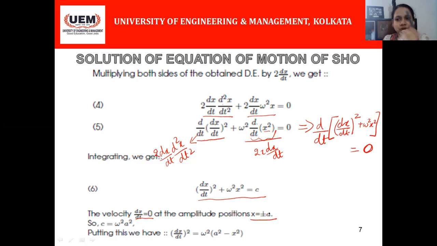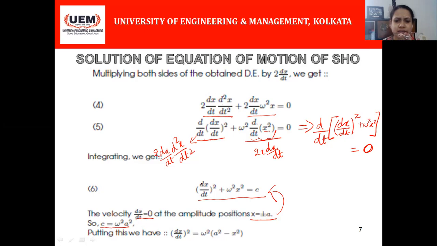At both positions the velocity turns instantly to 0 and the particle retraces its path and changes its direction of velocity. And so fitting this condition into equation 6, we get the constant c to be equal to omega square a square. dx/dt is equal to 0, so omega square a square is equal to c.